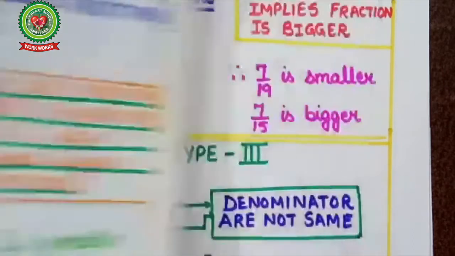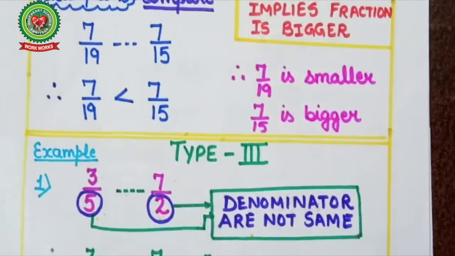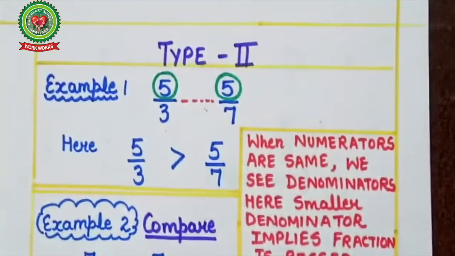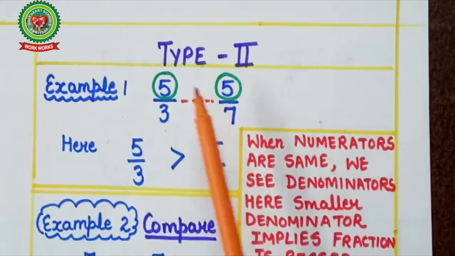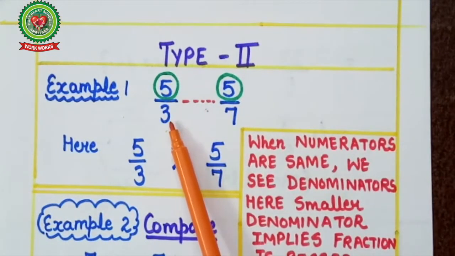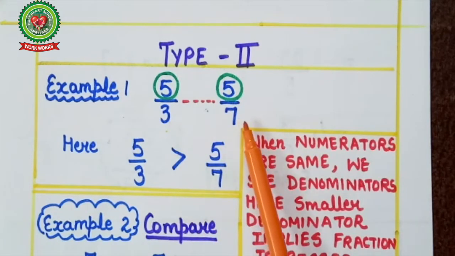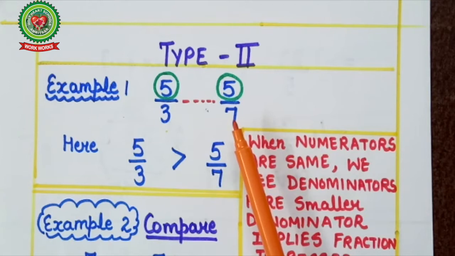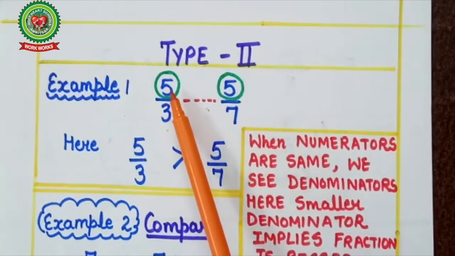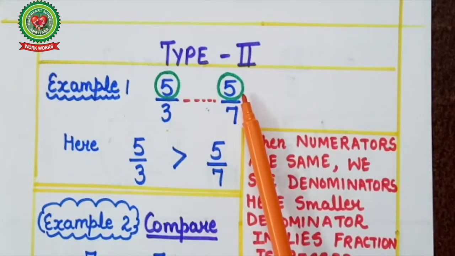Now let's see type 2. Here in type 2 we are going to compare 5 upon 3 and 5 upon 7. Now in the previous case denominators were same, and in this case, numerators are same.